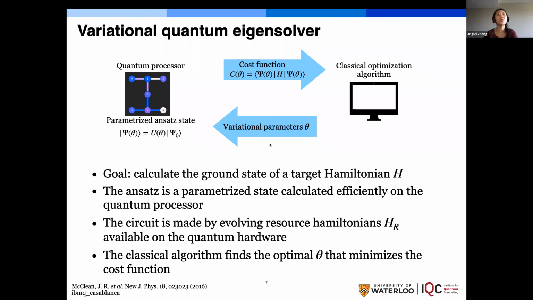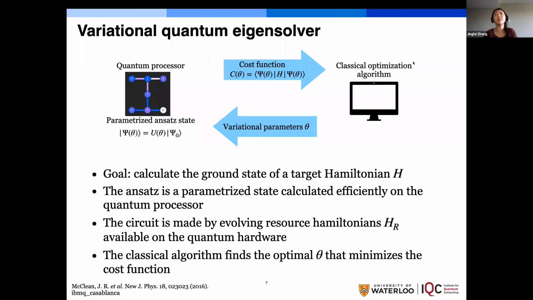So the goal is going to be to use these two processors to calculate the ground state of a certain target Hamiltonian. So the way to do it is to use the quantum processor to prepare a parameterized ansatz state, which is obtained by applying a certain parameterized circuit to an initial state. So that is going to be my guess and my test state. And then the quantum processor will prepare the state and measure the expectation value of the Hamiltonian that I want to minimize, right?